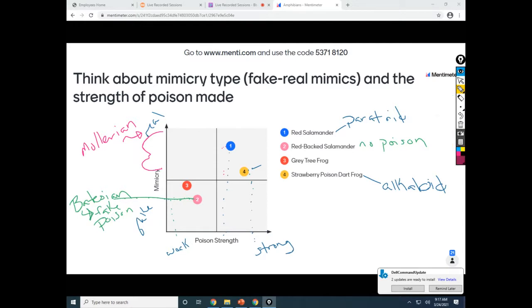All right, this brings us to our great tree frog. He's kind of the weird one of the bunch. So we've got him even further down. This is good, right? So our great tree frog poisonous? No. Right, so also no poison.